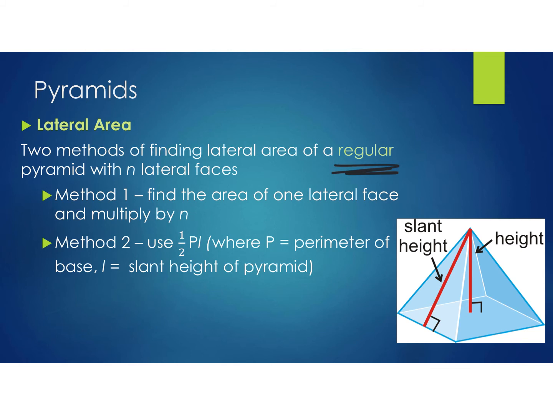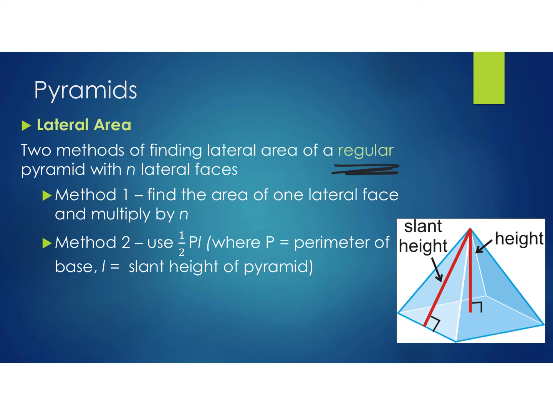So 2 methods here. You can either find one of the triangle faces and then multiply it by however many triangles you have. So if it's a square base, you'll have 4. Or the second method is to multiply 1/2 perimeter times slant height. Notice in my picture, I've got 2 different heights labeled on my pyramid.